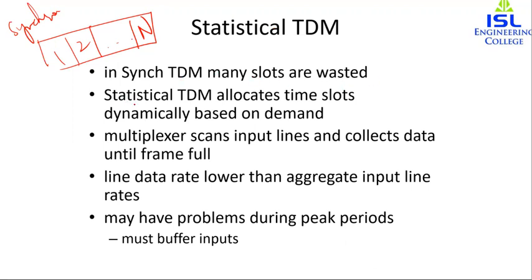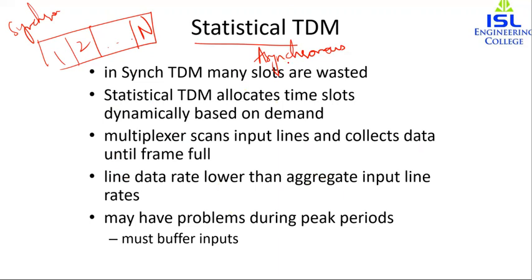In statistical time division multiplexing, time slots are allocated dynamically, based on demand. The multiplexer scans the input lines and collects the data until the frame is full, and it allows the line data rate to be lower than the aggregate input line rate. Statistical time division multiplexing is also known as asynchronous time division multiplexing.